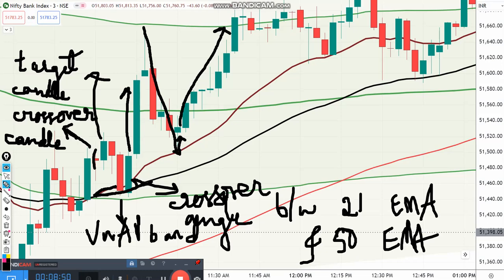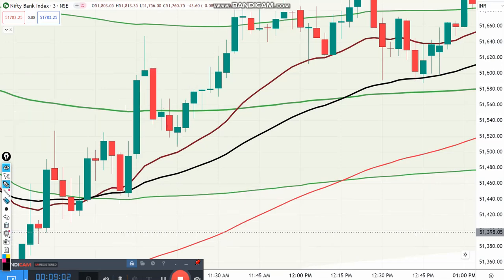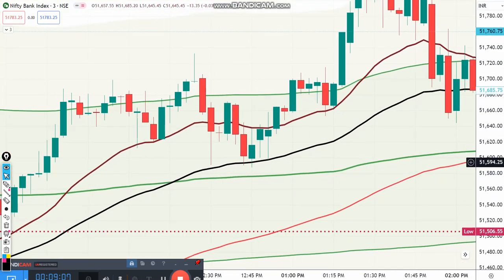So these are some of my observations today. It received support from 21, it came back to 21 EMA after rejection from the VWAP band, and it went up to the VWAP band. The market started getting rejection from the VWAP band.